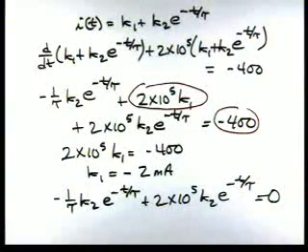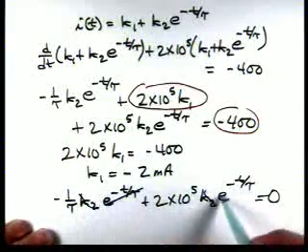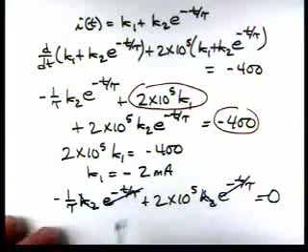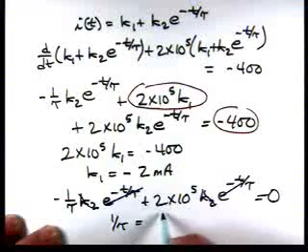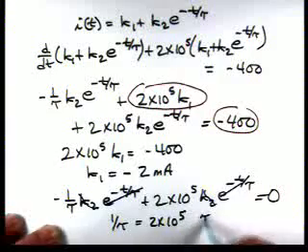For instance, the k2 terms cancel out, the e to the minus t terms cancel out, and we get 1 over tau is 2 times 10 to the 5th, and that gives us that tau is equal to 5 microseconds.